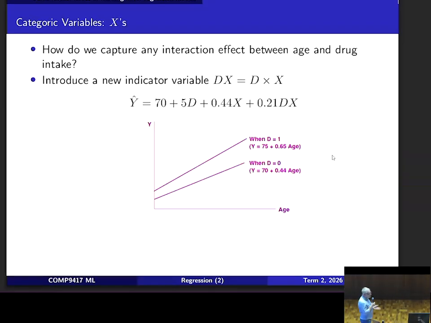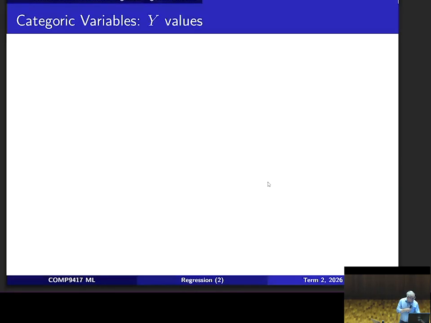In this case, it's just the product of the two terms, the drug and the age. Okay? And very often what people want to do with linear models is this kind of thing. They want to say, well, what is the difference in the model when I'm taking the drug versus when I'm not? And you can plot it like this.